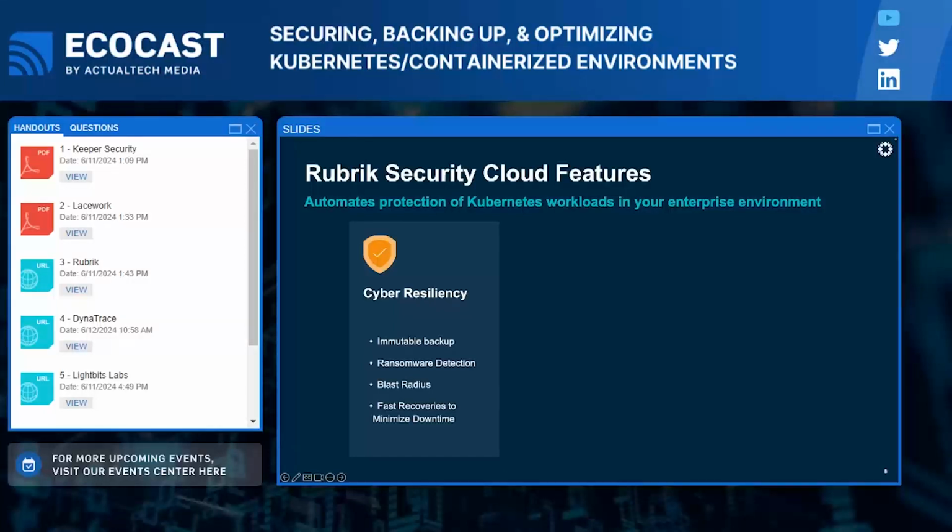The next thing is ransomware detection. As good as the endpoint and perimeter security tools are, it's always good to have your backup data scanned. Rubrik is really good at analyzing this data.